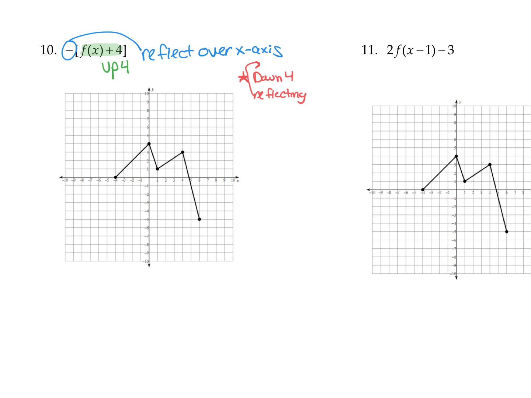But, so if I look at this first point, I'm going to go up 4, and then reflect it, so that point will end up right here. For this point, I'm going to go up 4, then reflect it, so it'll end up right here. This point, I'm going to go up 4, then reflect it.